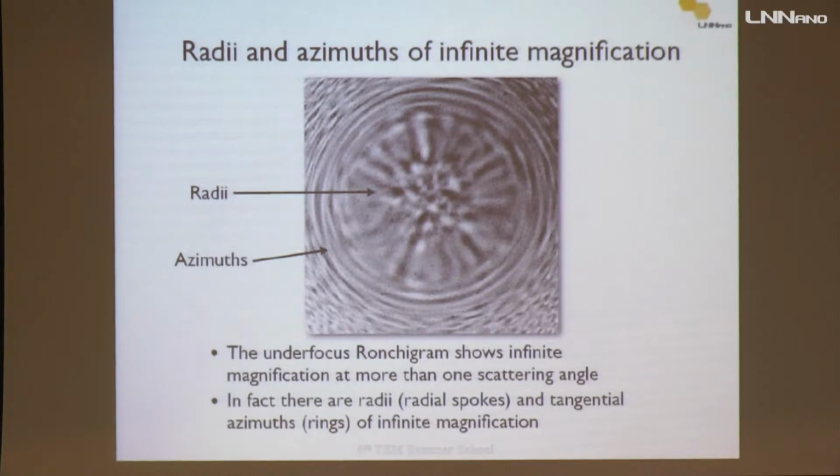Thinking about it, you can think that it would be good practice to try to be rid of all of these aberrations when you acquire an image. How can we do it experimentally?